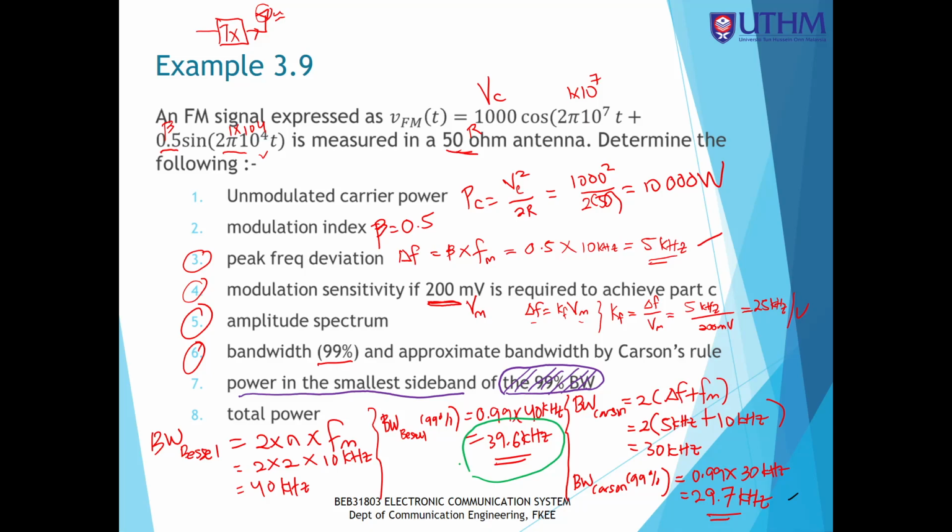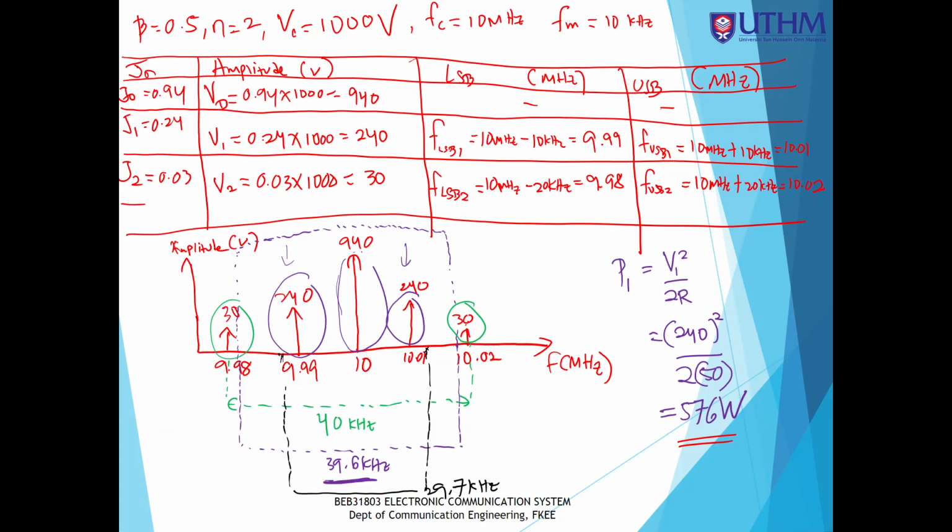39.6, centered at FC, at the carrier. If the bandpass filter selects only 39.6, that means only this portion of bandwidth will be allowed to go through the filter.